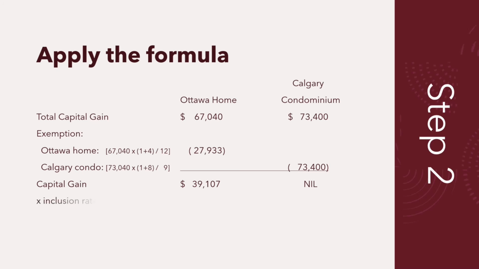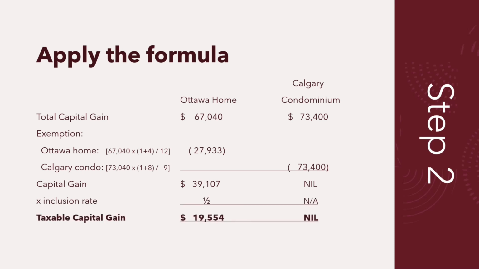So we'll multiply that by the inclusion rate, and we get a taxable capital gain on the Ottawa home of $19,554, whereas on the Calgary condo, there is no taxable capital gain.